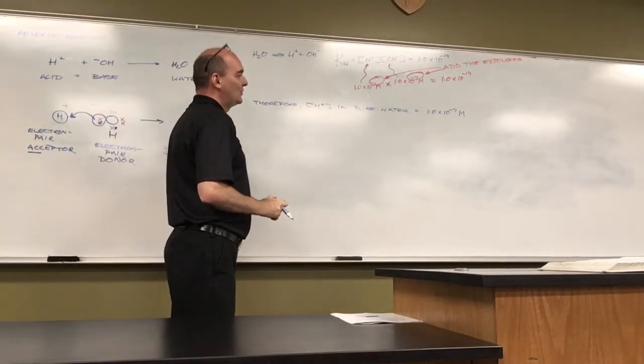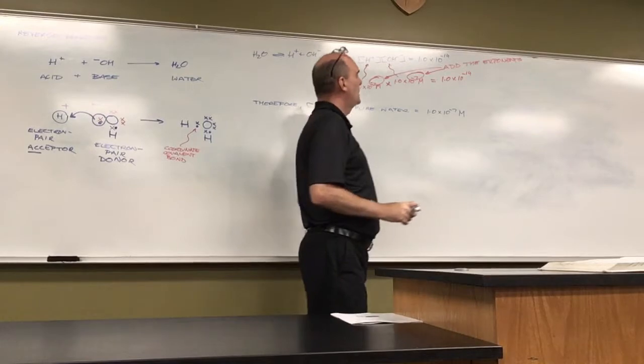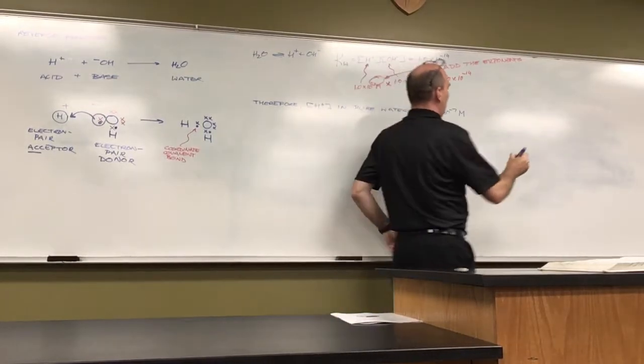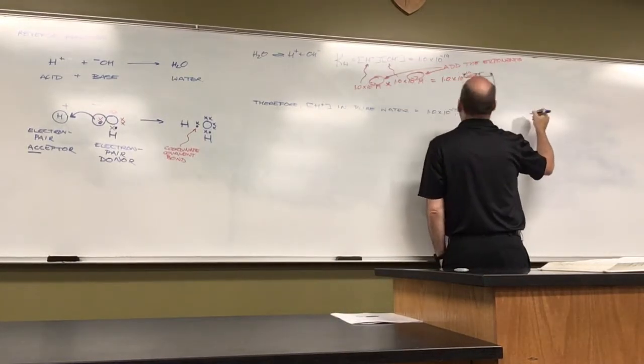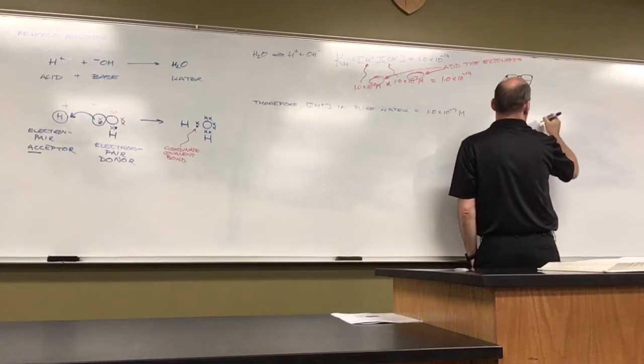All right, so I have a value, like 1 times 10 to the negative 14 is 0.0.